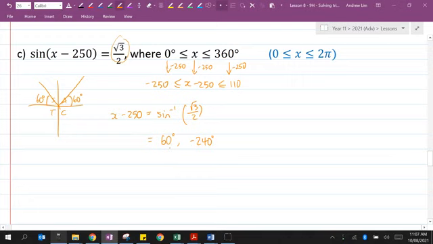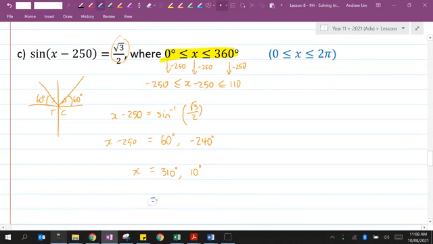Once we've done that, now we can add 250, because x minus 250 is equal to that. So now we can work out what x is equal to. 60 plus 250 is 310 degrees. Negative 240 plus 250 is 10 degrees. And now we can see that our answer is in the given domain.